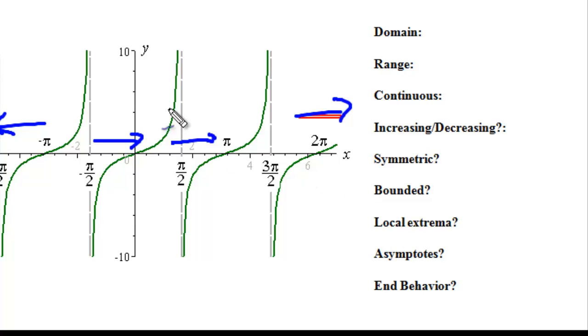And so it's going to oscillate back and forth between infinity and negative infinity, going both directions. So the limits as x approaches infinity or negative infinity, the limits of tan x do not exist.